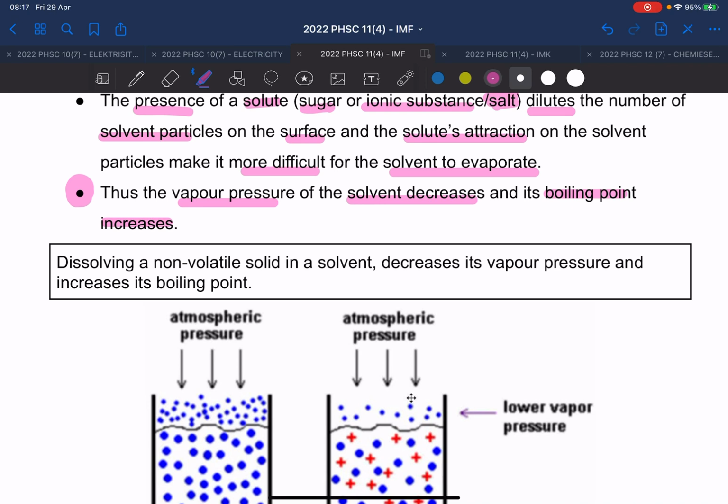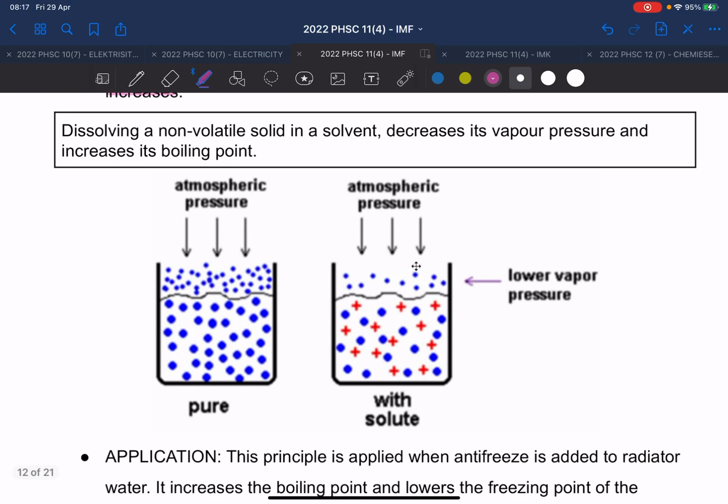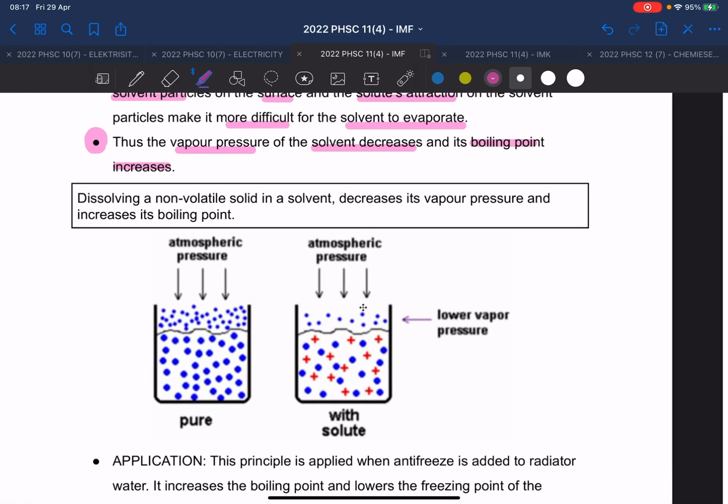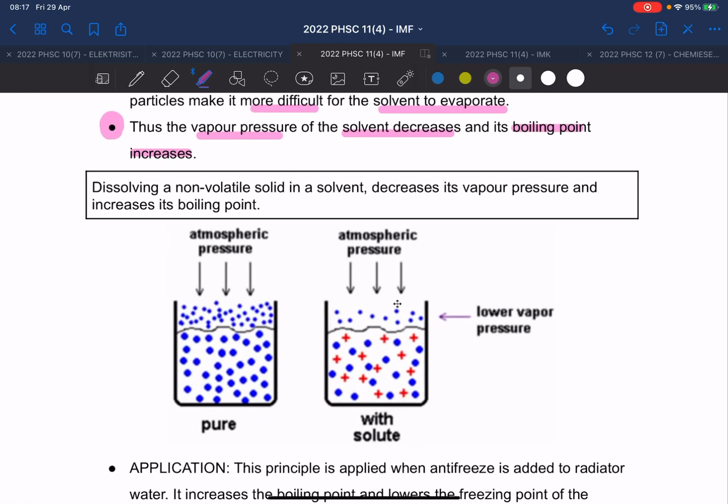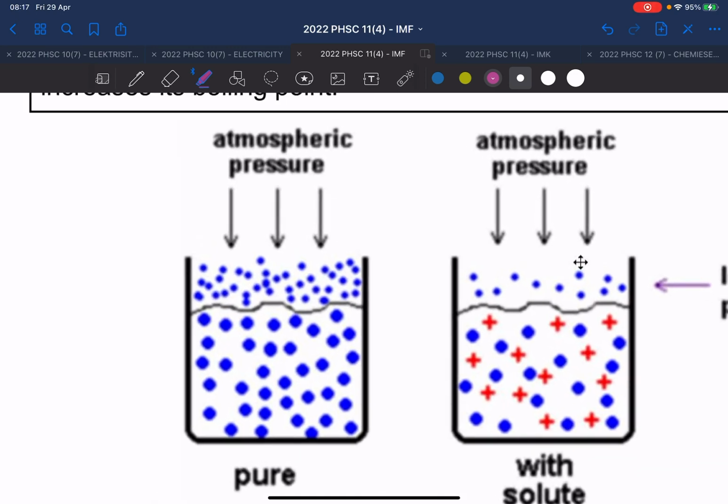Okay, so I'm going to explain it with a picture here at the bottom. On the left-hand side is just water. So that represents water.